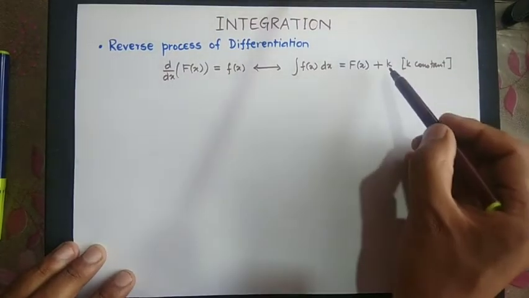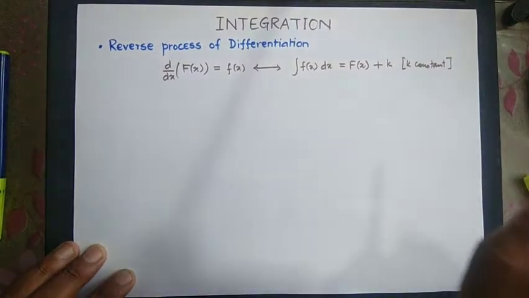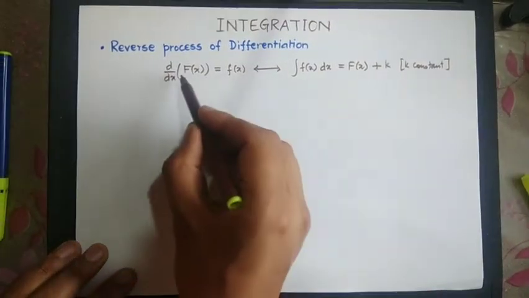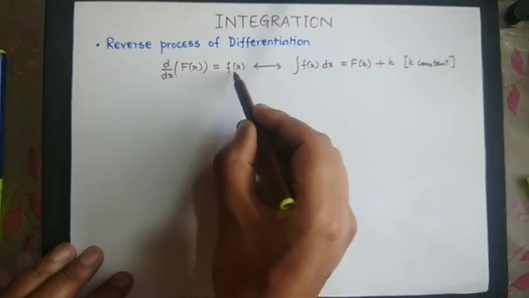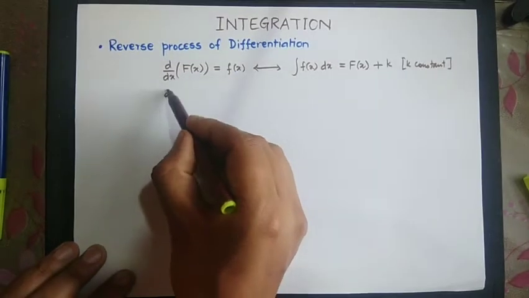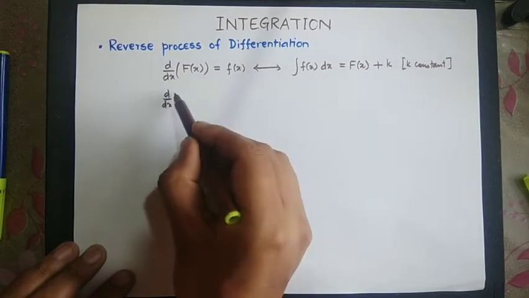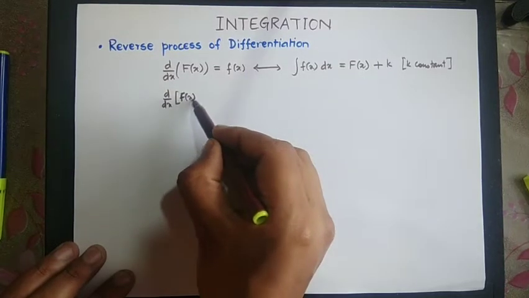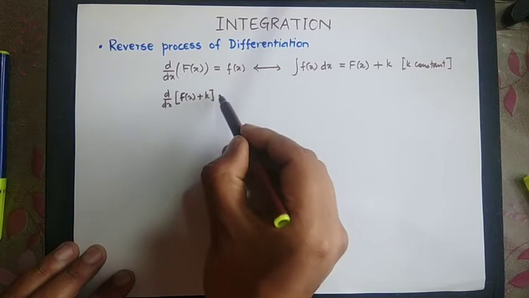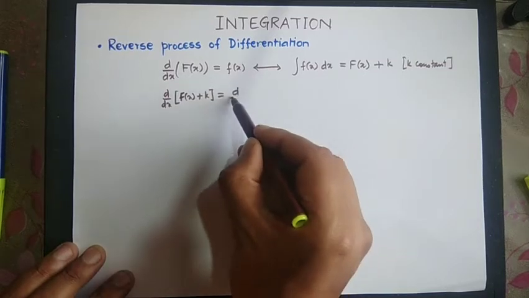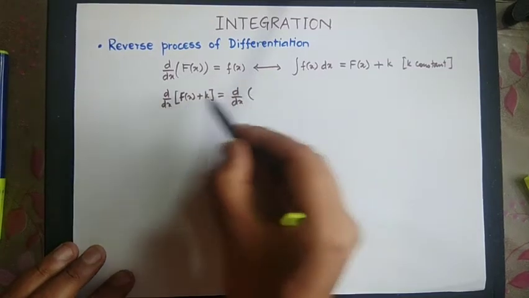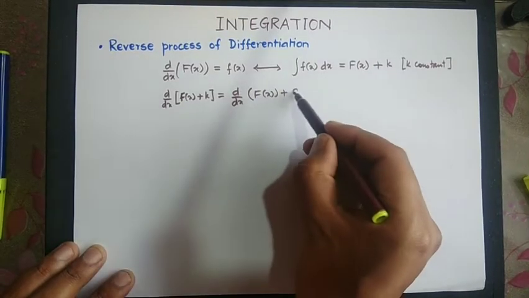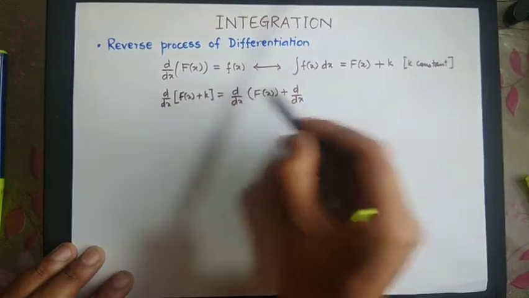You need to remember this one. Why we are writing plus k, we'll try to understand here. Suppose I differentiate capital F(x), I am getting f(x). Now suppose I differentiate capital F(x) plus k, let us see what we get. We get d by dx of F(x) plus d by dx of k.